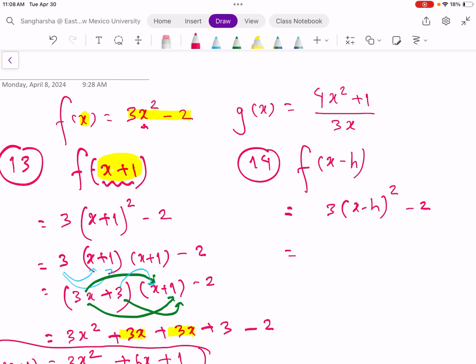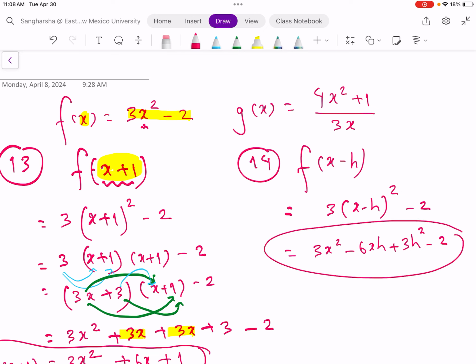The final answer would be 3x squared minus 6xh plus 3h squared minus 2. So this is the final answer. If you have this, 3x squared minus 6xh plus 3h squared minus 2, then it's correct. Let me know if you have something different than this.